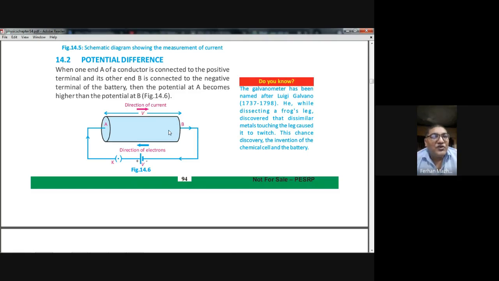So when I say voltage, you should understand it's energy, but actually energy per unit charge. If I tell you this wire has 220 volt, you don't need to touch it because it has very high energy per unit charge. If you have a cell of 1.5 volt, you can touch it, no problem. Its energy is only 1.5 joules per coulomb.